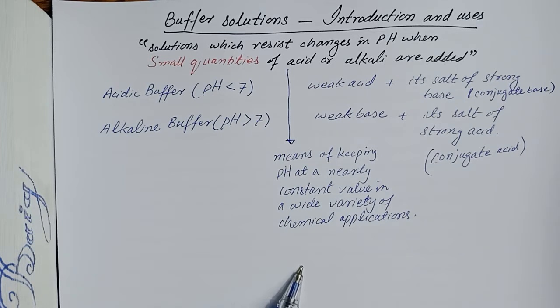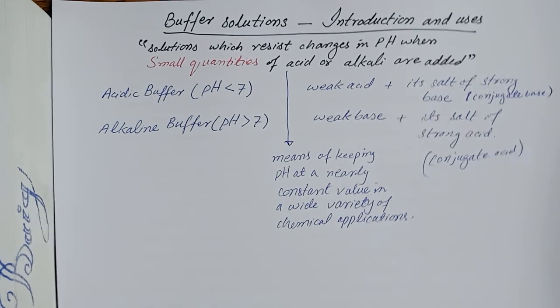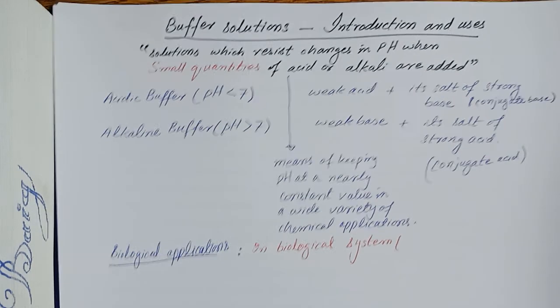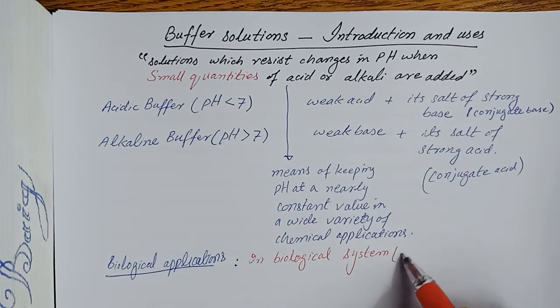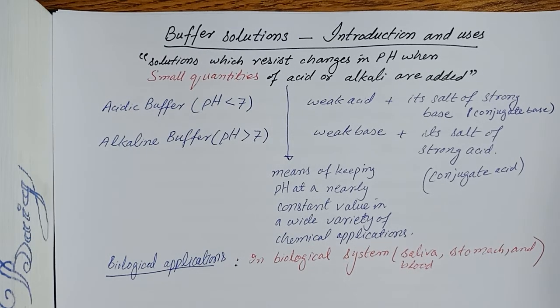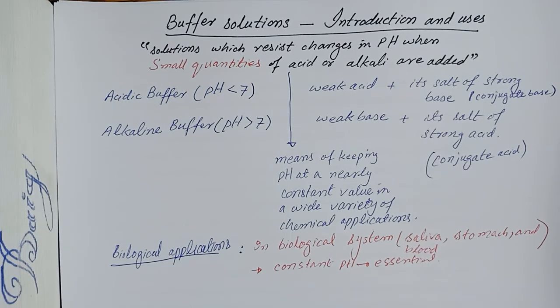For example, in biological systems such as saliva, stomach, and blood, it is essential that pH stays constant in order for any processes to work properly.